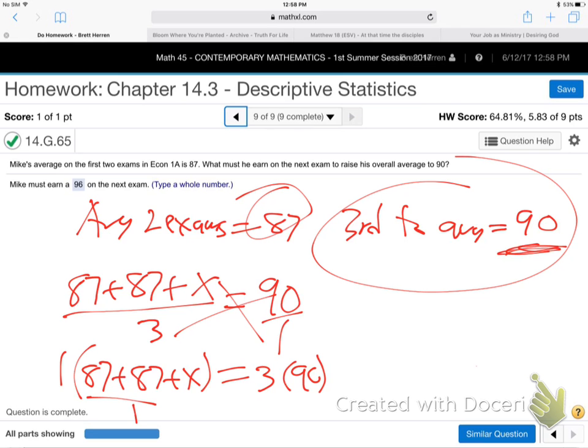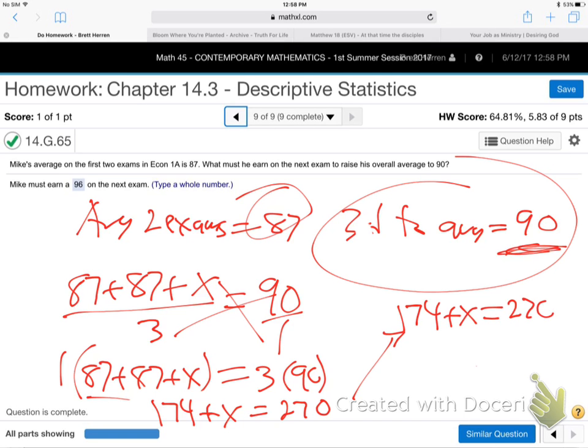What's 87 times 2? 174, I think, plus x. 174 plus x is 270. Yeah, 174 plus x is 270.